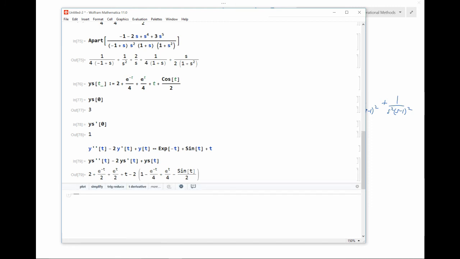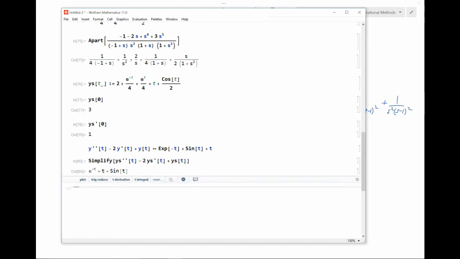And it doesn't look like it, but if we simplify, I'm sure that simplifies into what we expect it to be. And that's exactly e to the minus t, there's t and there's a sine of t. So this means that this function is indeed a solution. And that's how you can check whether or not the solution you produced satisfies the differential equation.